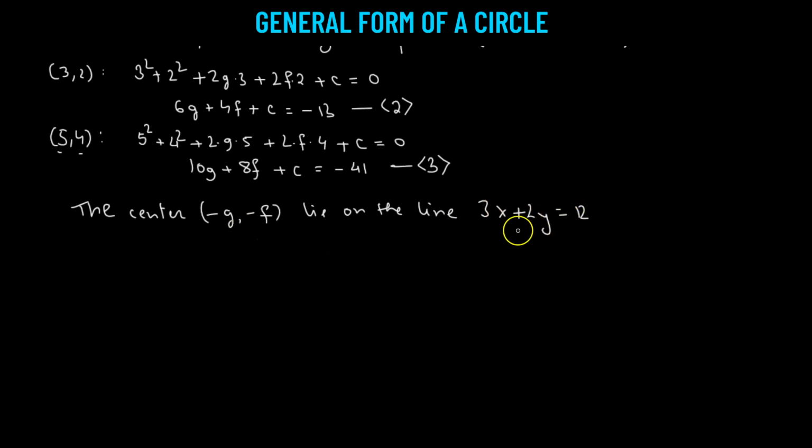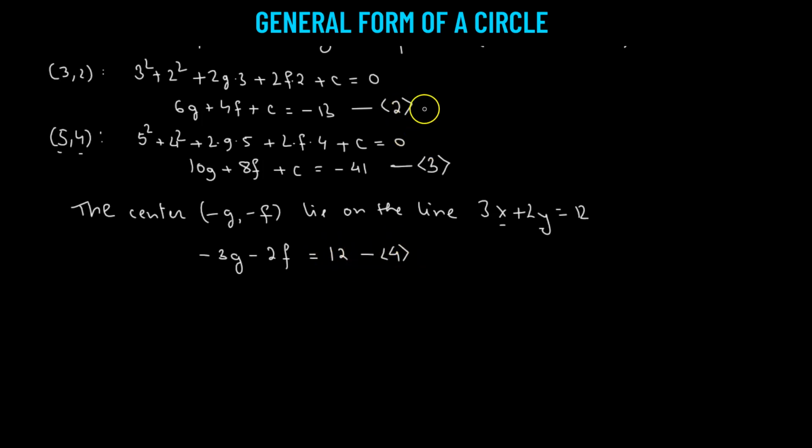That means this point is going to satisfy this equation. All we have to do is replace x with negative g and y with negative f. So we get negative 3g minus 2f equals 12. This is going to give us another equation. Let's call it number 4.